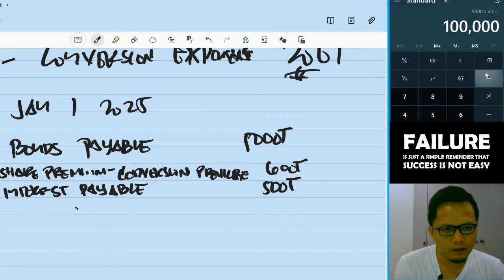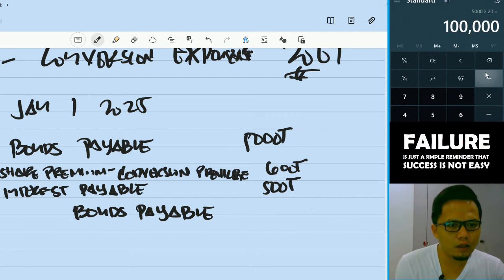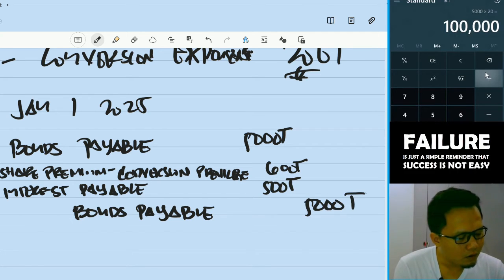Next, credit bonds payable of 5 million.